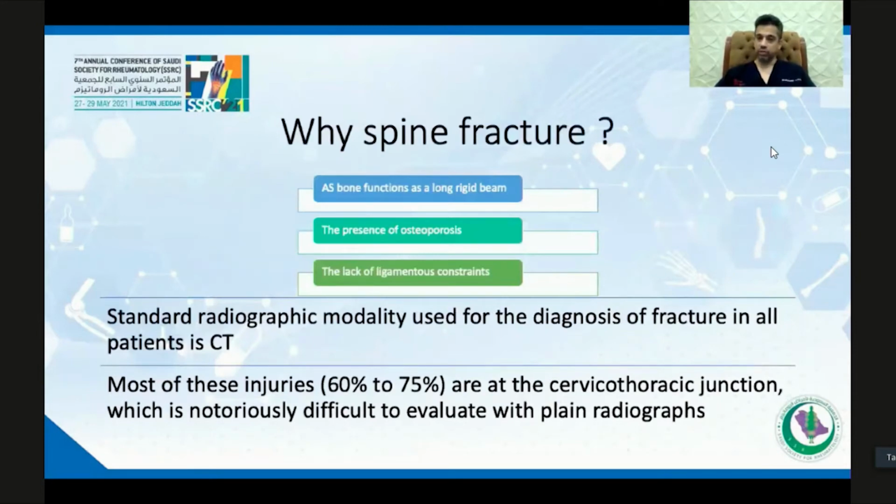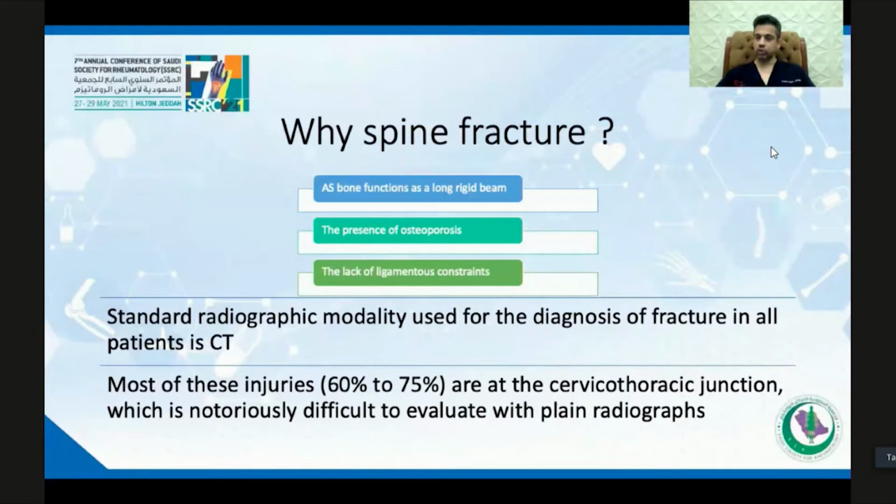They are liable to get a fracture because of the long, rigid beam of bone formed by fusion of all levels, which functions like a long bone, and the presence of osteoporosis, as well as the lack of ligamentous constraints, which help in absorbing the energy when trauma propagates through the spine. It doesn't exist in cases of ankylosing spondylitis.